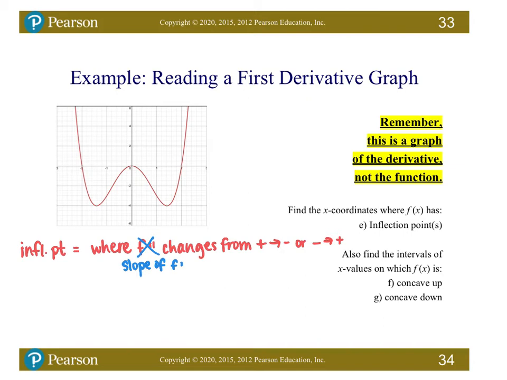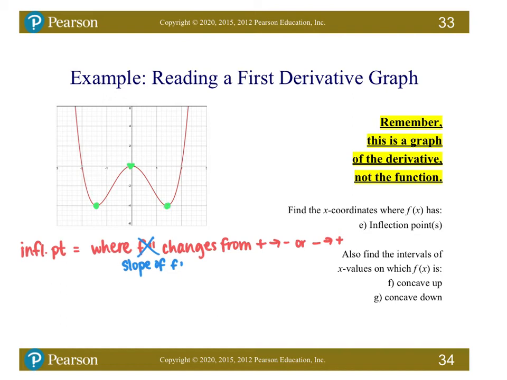Where does the slope of what I'm looking at change? So I would say right there is the first time that the slope changes from negative slope to positive slope. Again, it changes at the origin from positive slope to negative slope, and then again changing here.